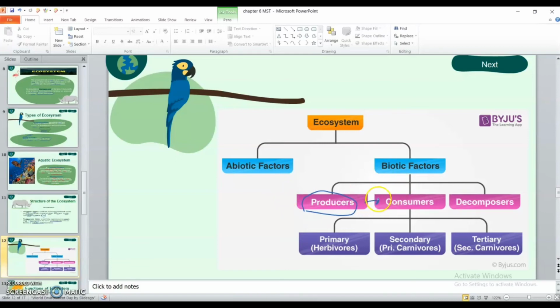The next is consumers. Under the consumers, those are heterotrophs. Producer is autotrophs. Consumers is heterotrophs.